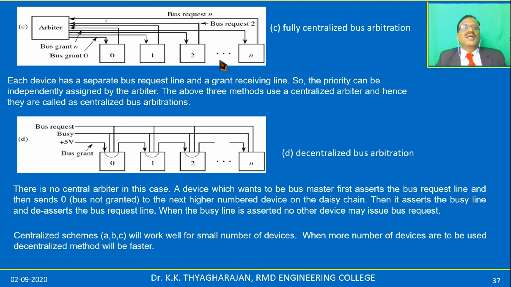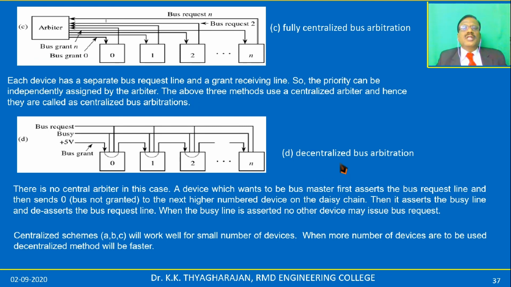In this case, any device can request at any time, and the arbiter can decide the priority. So any device may be set with any priority. All these three methods use a centralized arbiter, so they are called centralized bus arbitrations.